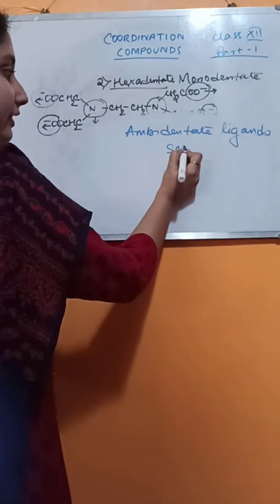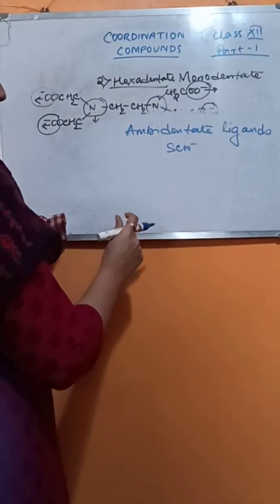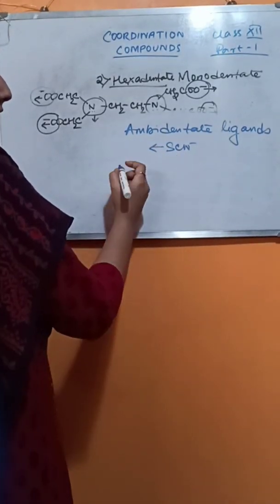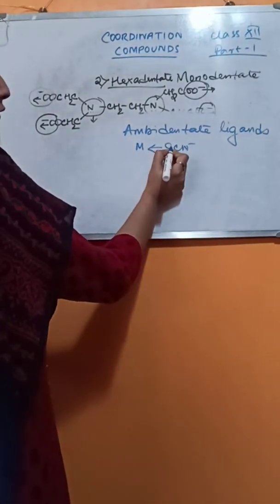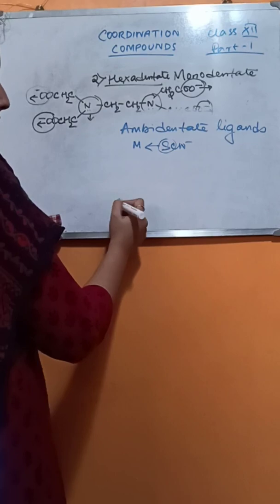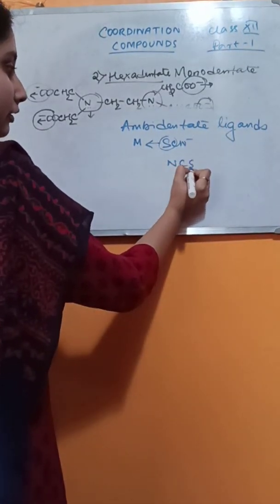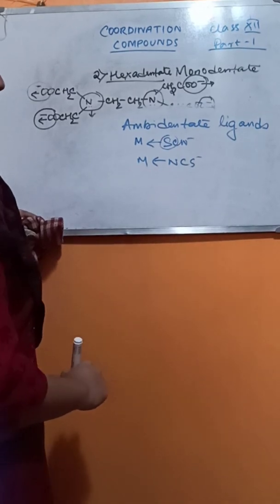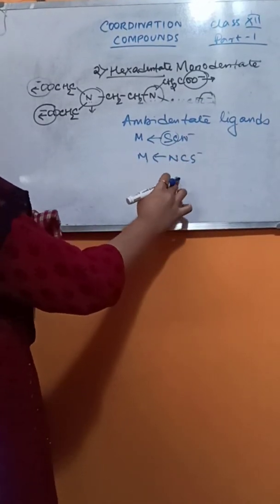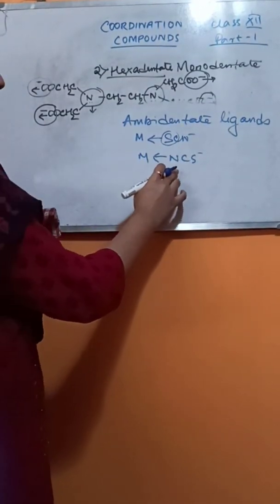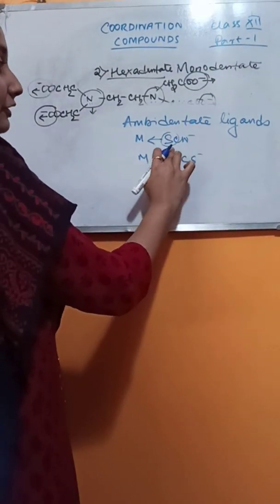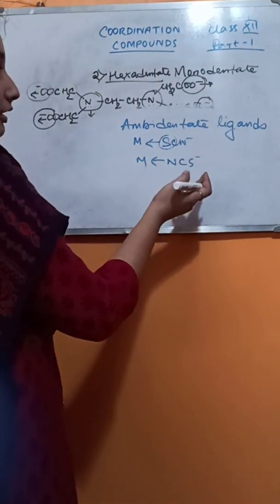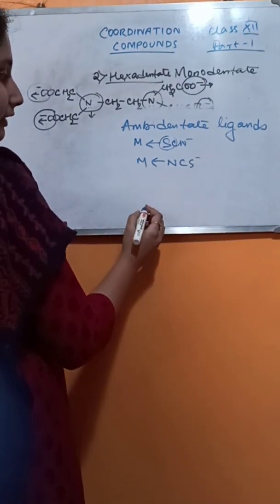For example, SCN minus. SCN minus can donate to the metal ion through the sulfur donor site and also through the nitrogen donor site. So SCN minus is known as an ambidentate ligand because the same ligand has two different donor sites and it can coordinate through either of them.